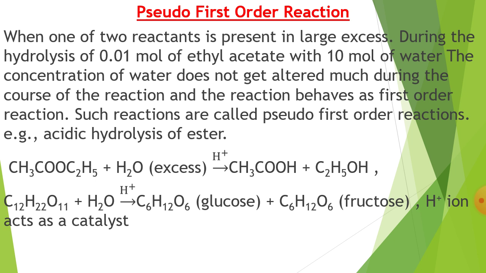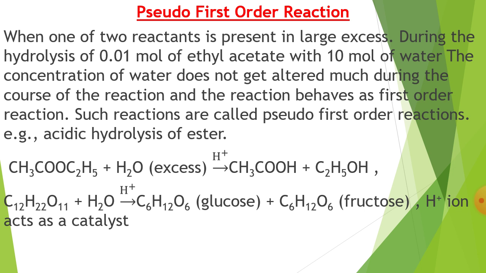Now pseudo first order reaction. As the name indicates, pseudo means false. So it looks like second order, but basically it is a first order reaction. That's why this is known as pseudo first order reaction. When one of the two reactants is present in large excess, then you can think about the pseudo first order reaction.